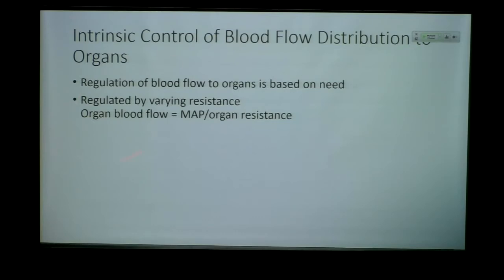And that is organ flow, so specifically one organ, right? If it's your heart, your skeletal muscle, the flow going to that one particular organ will be equal to the mean arterial pressure divided by the specific resistance in those arterioles. So that very same principle we talked about in terms of the physics and the general physiology applies on the local level as well, okay?